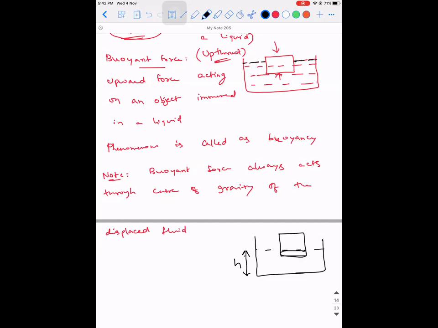When you have immersed, this volume of the liquid will try to occupy either side of the solid and it will get raised so that the volume is conserved. Can I say the new height is H dash? We are clearly able to see that H dash is greater than H, then this H dash minus H is called the displaced fluid. Am I clear?